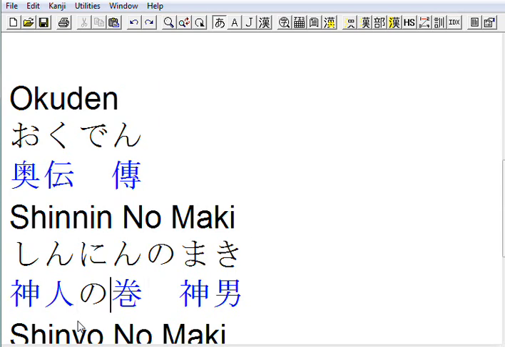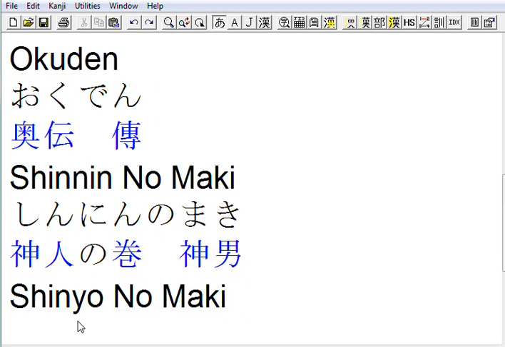Today, some people don't go through all of those to get their Shodan, but in Professor Okazaki's day, that was required. So, anyway, that is the Shinin.